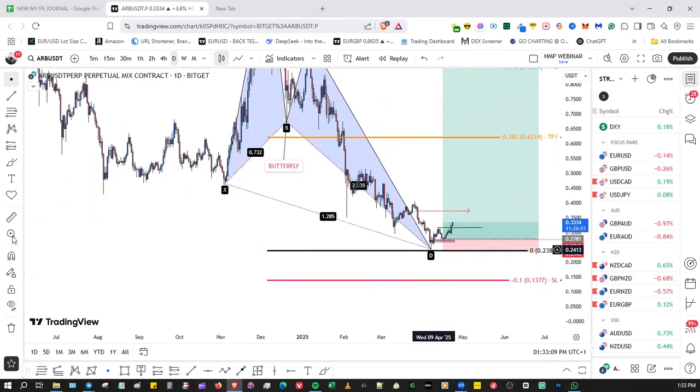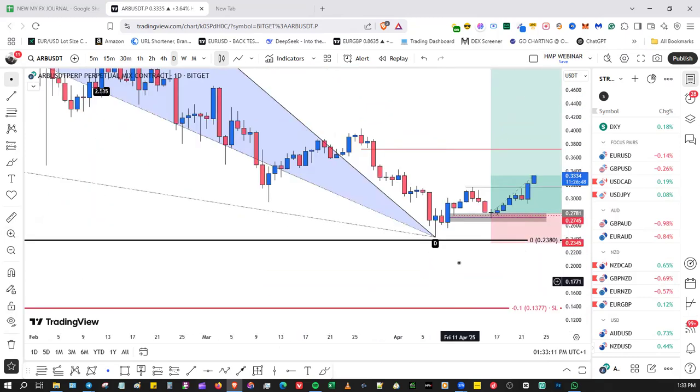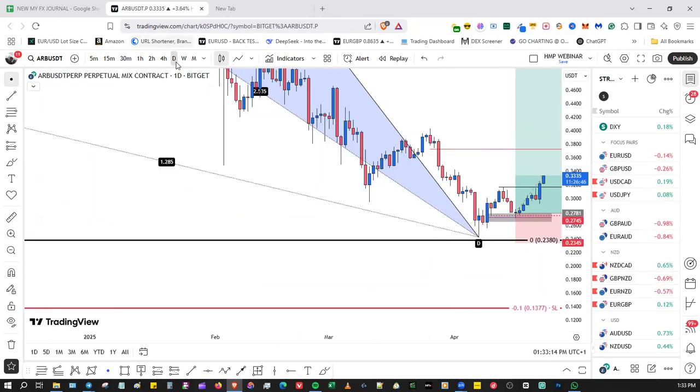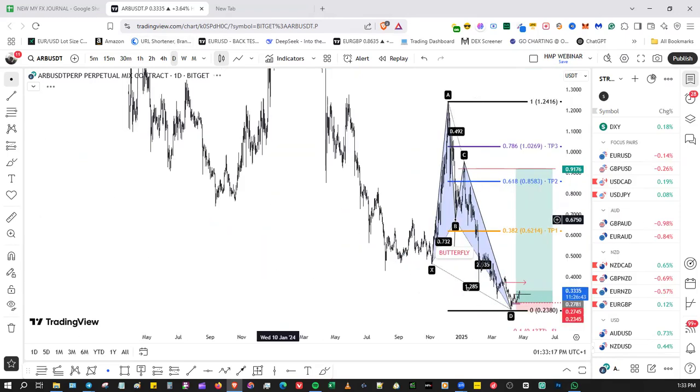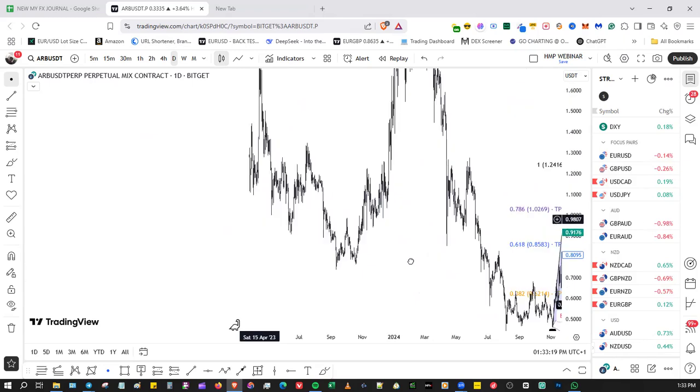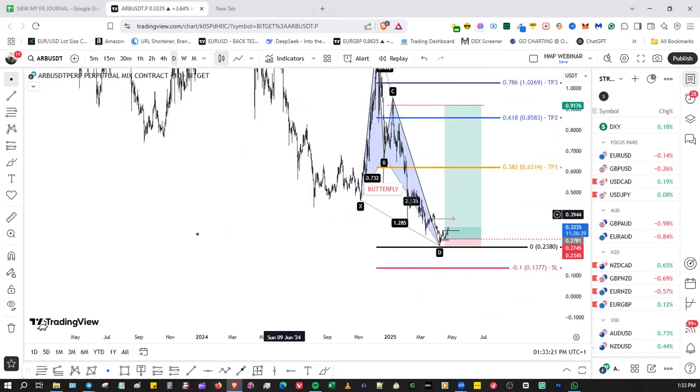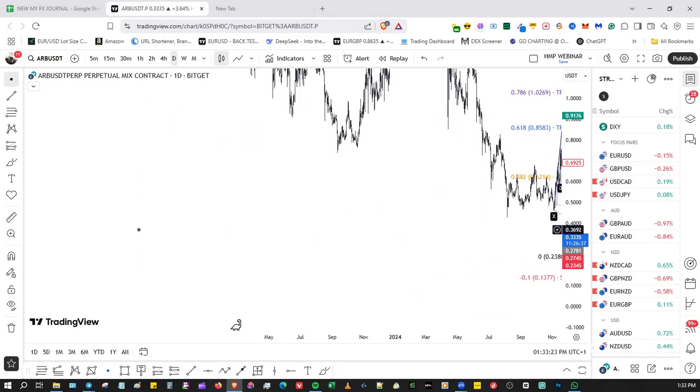So let's analyze what is happening here on this level. Now, if you look very well from the daily time frame, you can see that this is the all-time low of this asset. So there is no available record on the left.